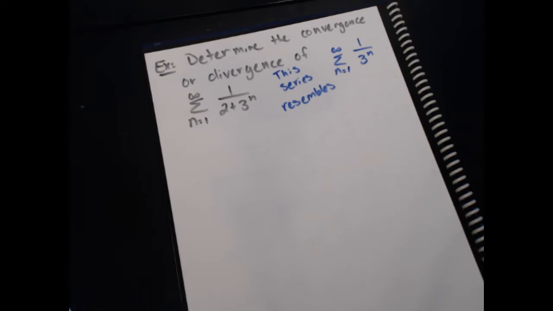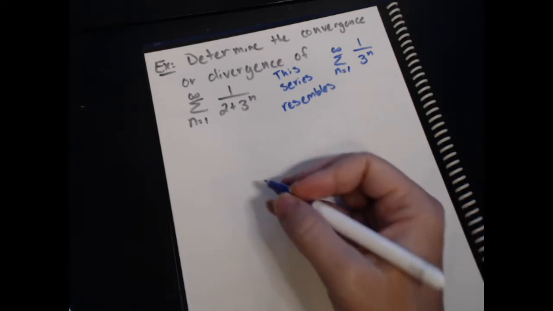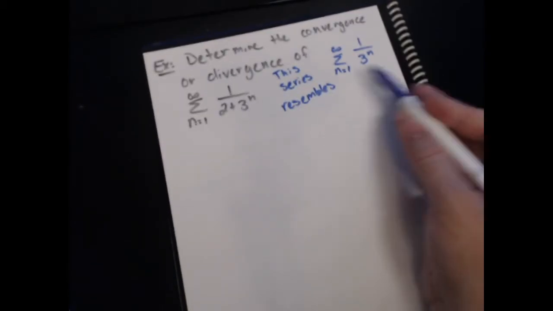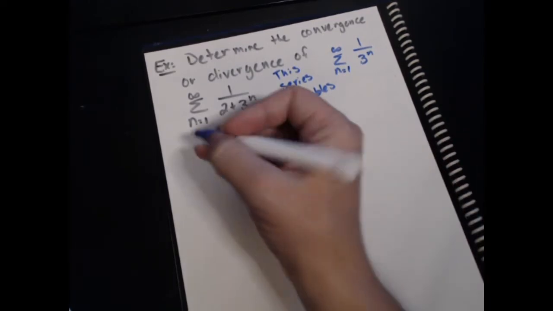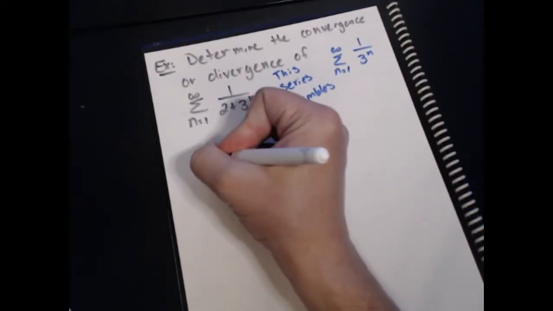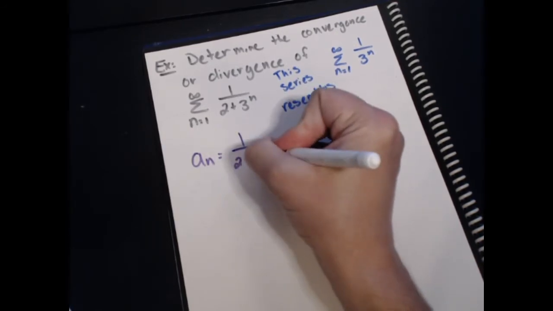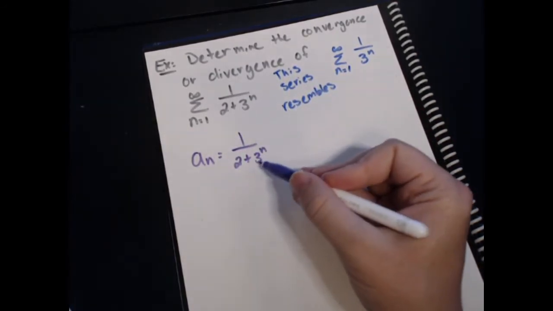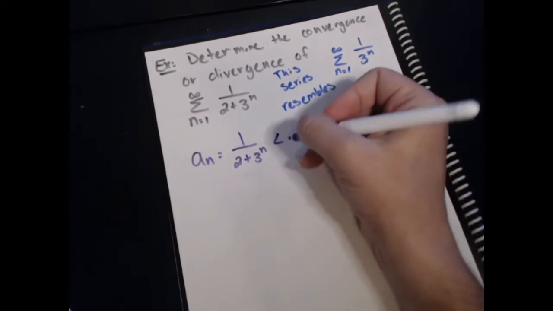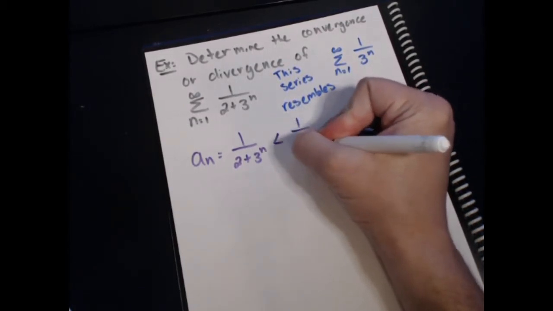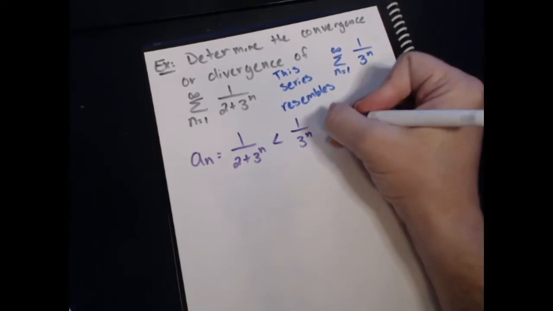You're just taking the part that has the n. The reason we want to do this is because then we have an a sub n and a b sub n. We have a sub n equal to 1 over 2 plus 3 to the n. When your denominator is larger, that's a smaller number, so it's less than 1 over 3 to the n, which is equal to b sub n.